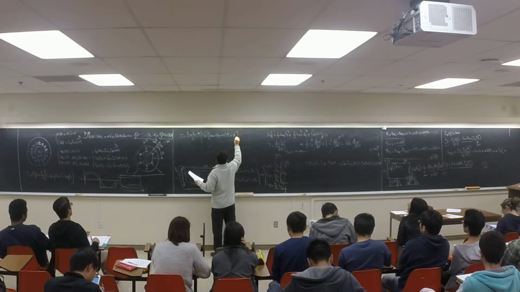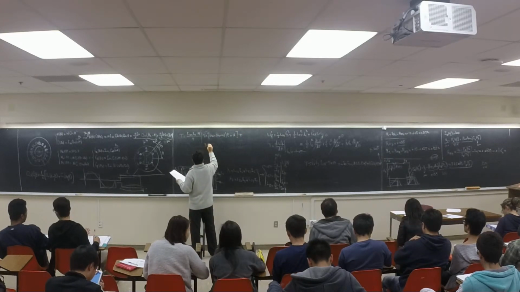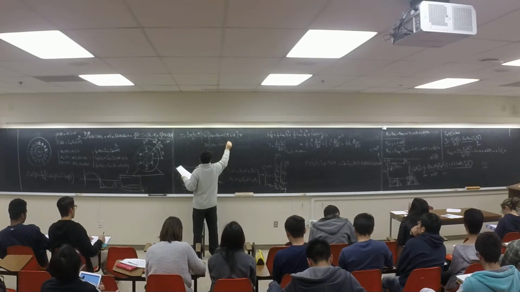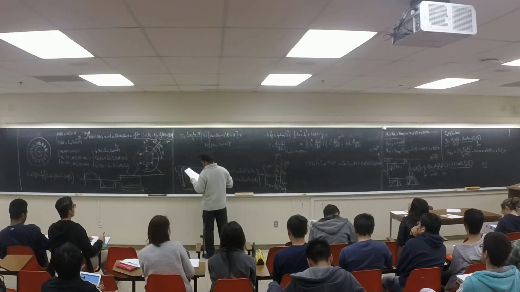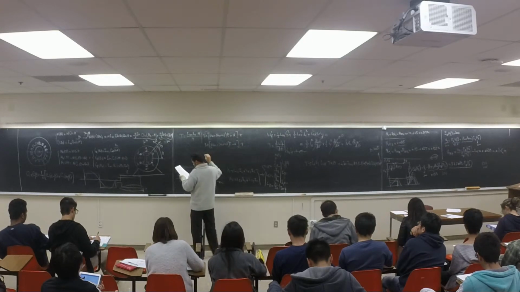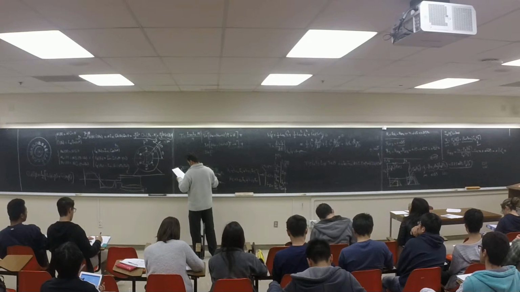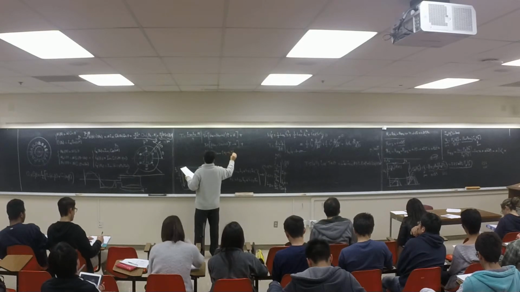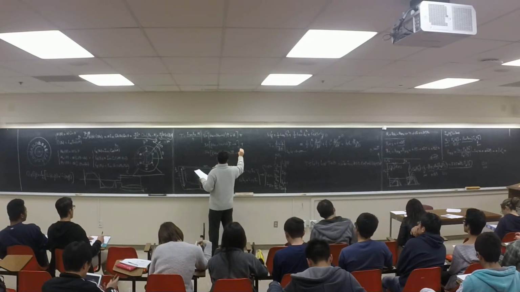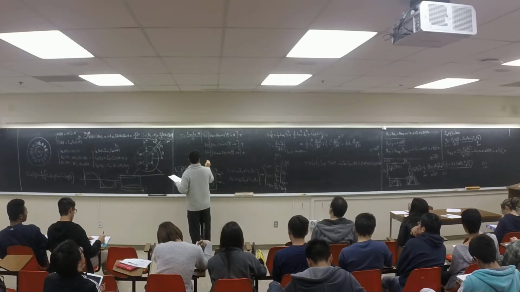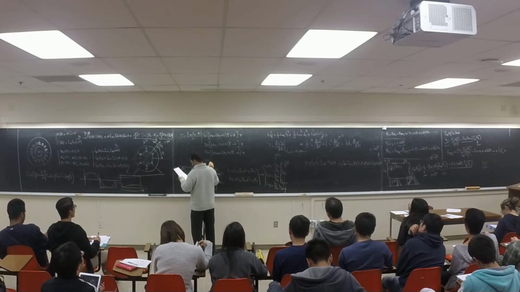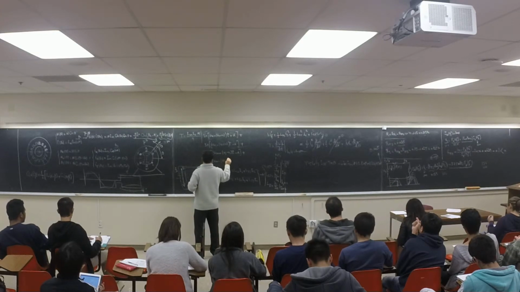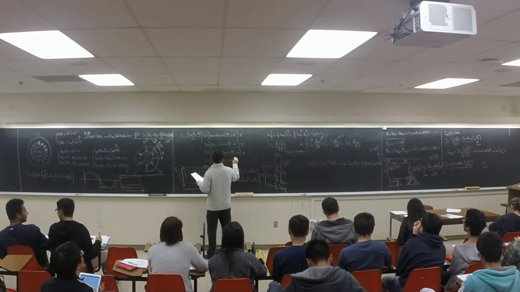Plus sine of (omega m minus omega s plus omega r)t minus alpha, plus sine of (omega m plus omega s minus omega r)t minus alpha, plus sine of (omega m minus omega s minus omega r)t plus alpha.